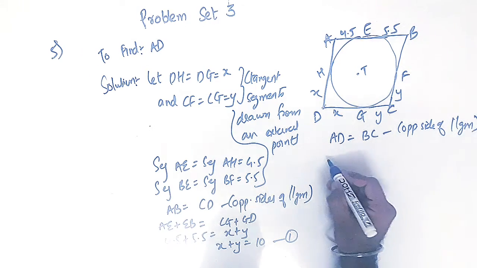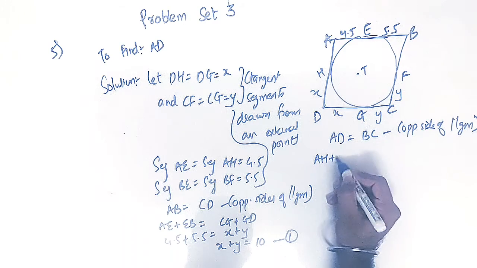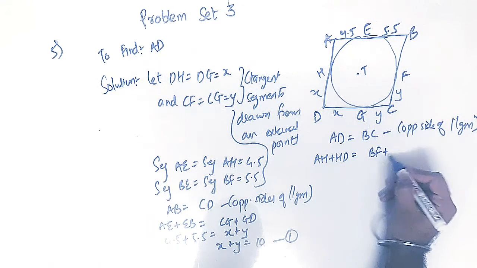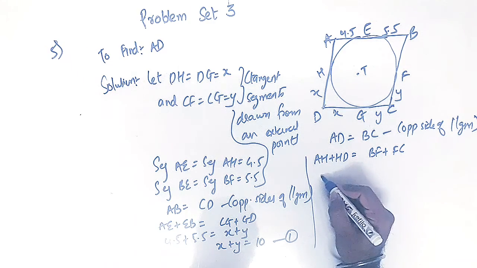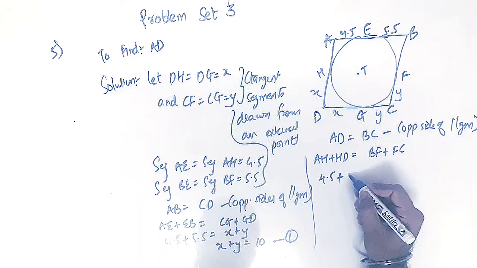Okay, now AD I can write straight away. I am writing AD is AH plus HD and BC is BF plus FC. Okay, so AH is 4.5, plus HD is how much?